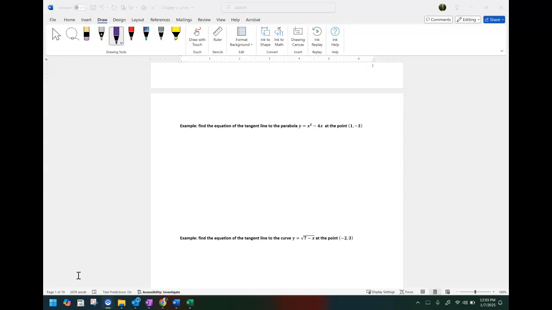We will start by letting L of x be the secant line passing through the points (1, negative 3) and (1 plus h, f of 1 plus h).